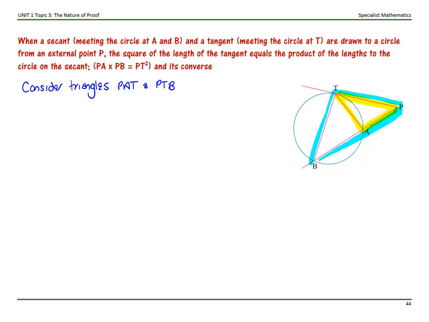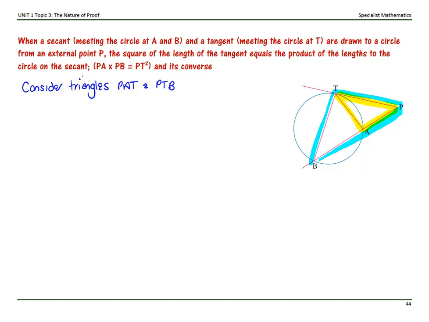Now the reason for this: whenever I say something talking about one side times the other, so for our intersecting chords proof, for example, you should be thinking similar triangles, because similar triangles say the sides are in the same ratio.